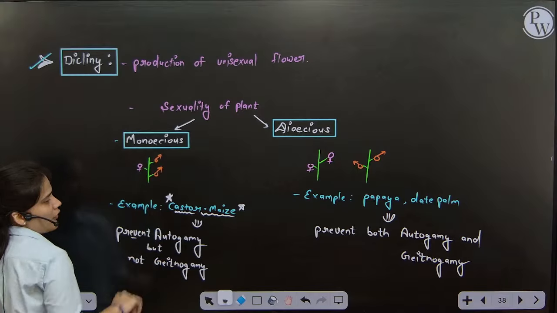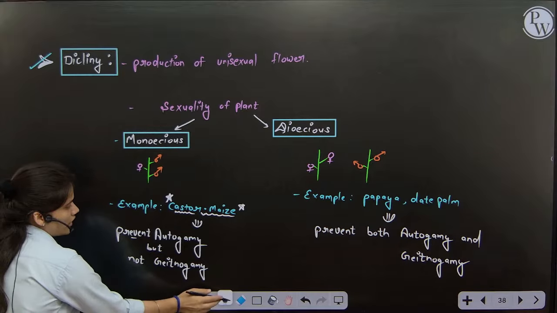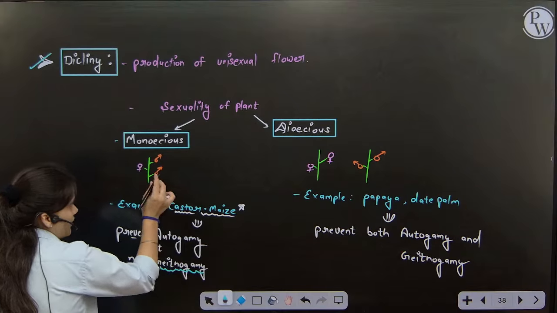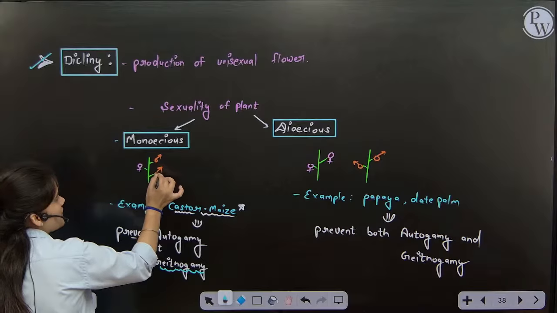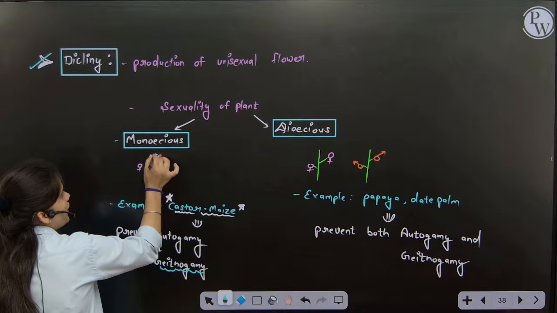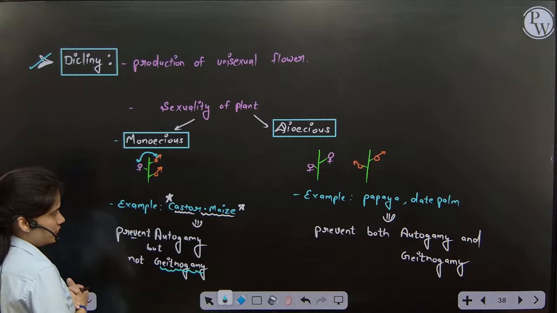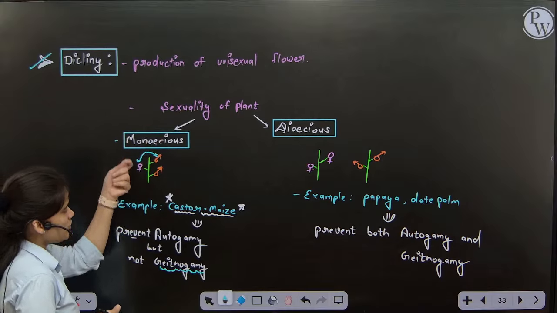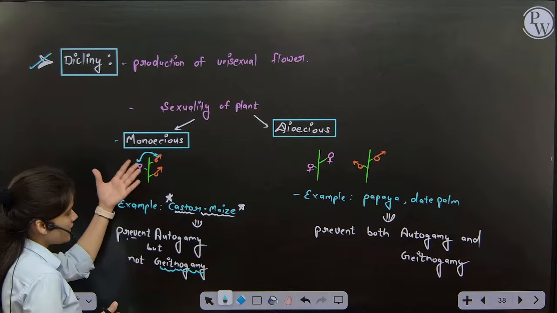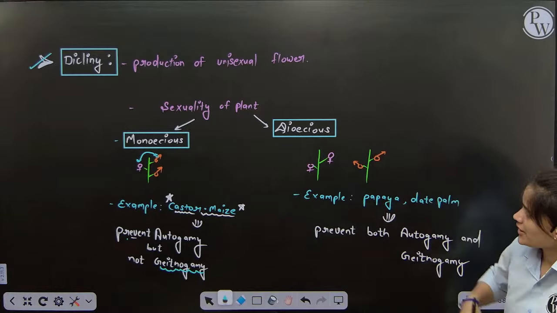Because only one reproductive part is present in one flower. But what about geitonogamy? There are chances that pollen grain is transferred from the anther of one flower to the stigma of another flower but of the same plant. So in monoecious plants like castor and maize, autogamy is prevented, yes, but geitonogamy cannot be prevented.